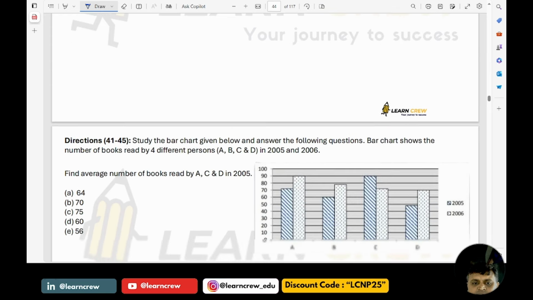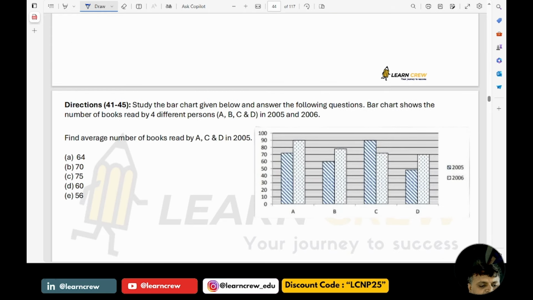Now next question. See, 41 to 45 is based on DI. Find the average number of books read by A, C, D in 2005. So how much is the average? You can see the A is 70 and C is 90 and D is less than 50, 48.